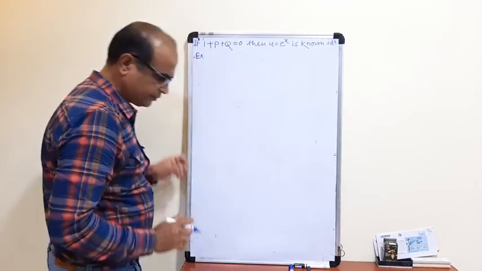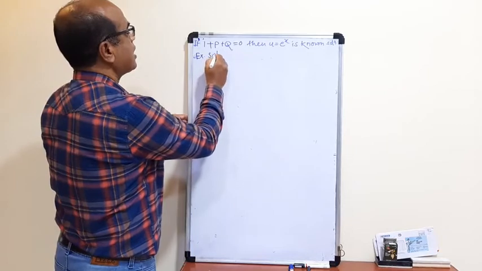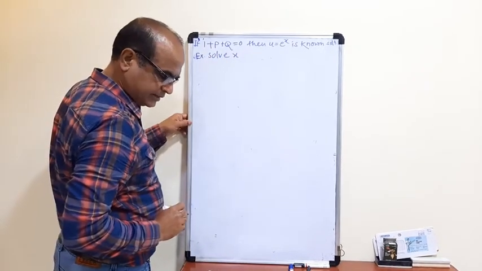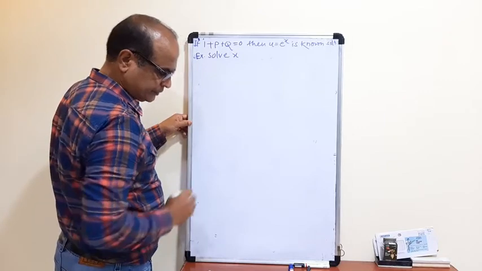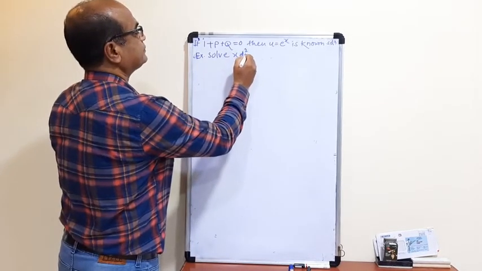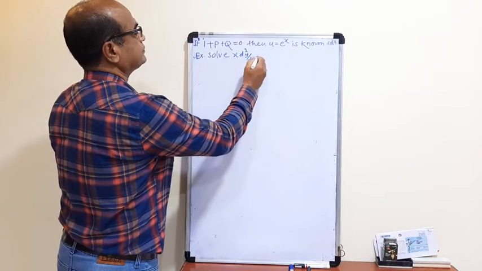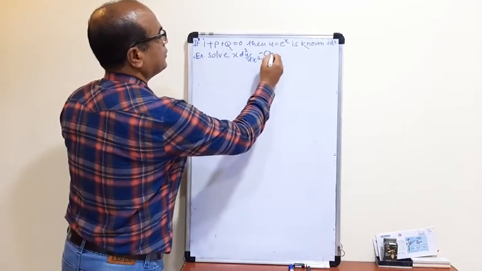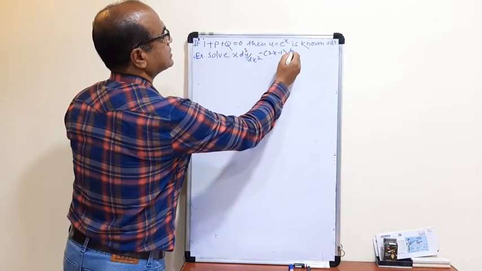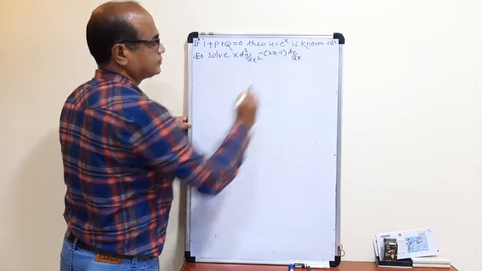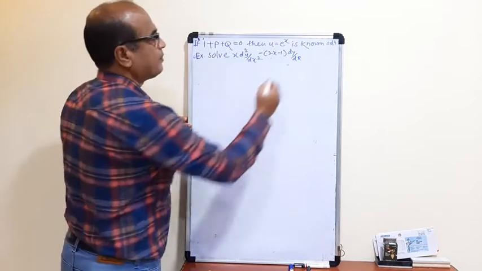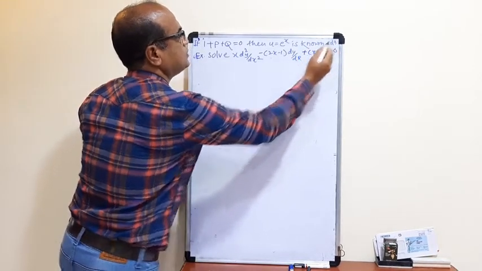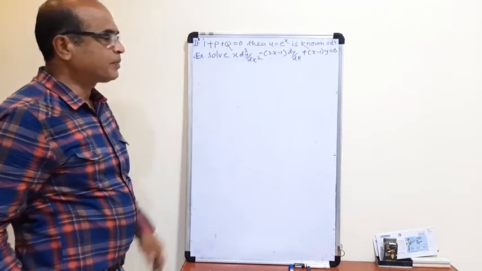Solve x d2y by dx square minus (2x minus 1) dy by dx plus (x minus 1) y is equal to 0. Okay, solve this differential equation.